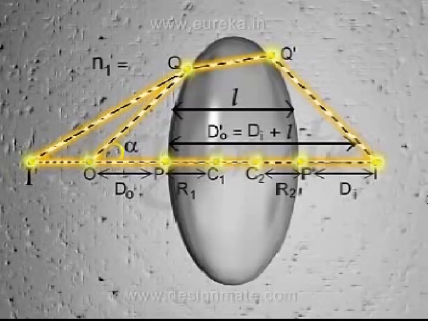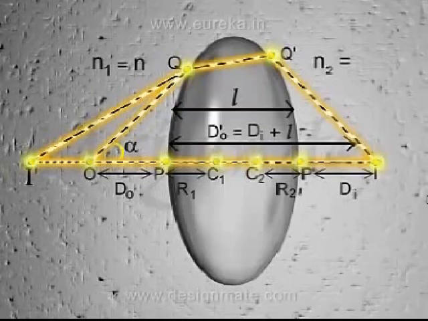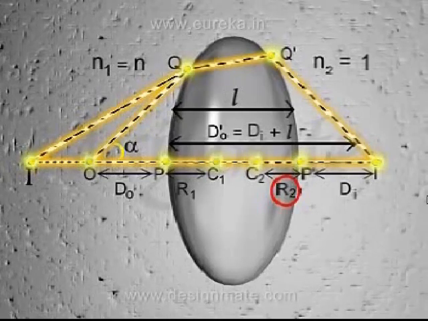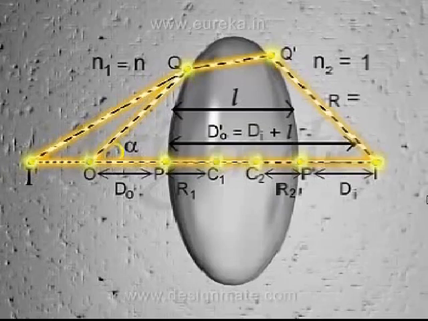Thus, we have n1 is equal to n and n2 is equal to 1 in this case. Radius of curvature of the second surface of the lens is R2. Thus, R is equal to R2.